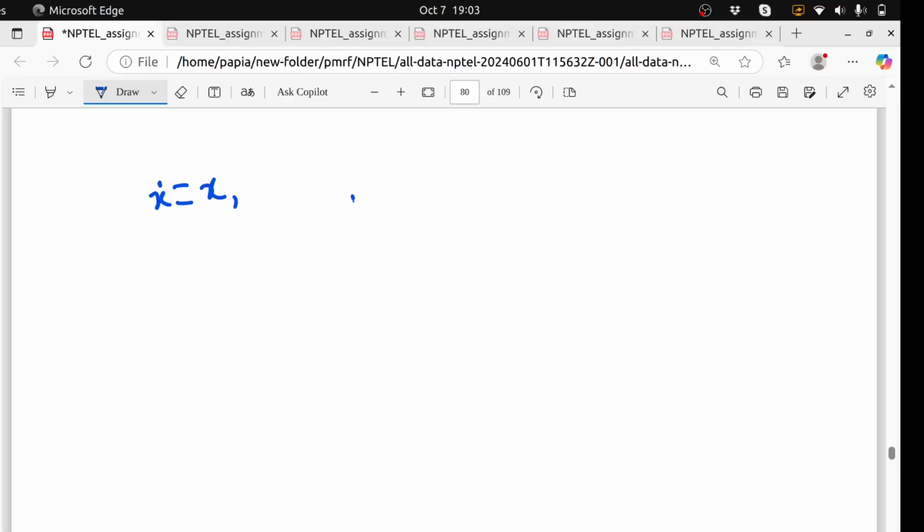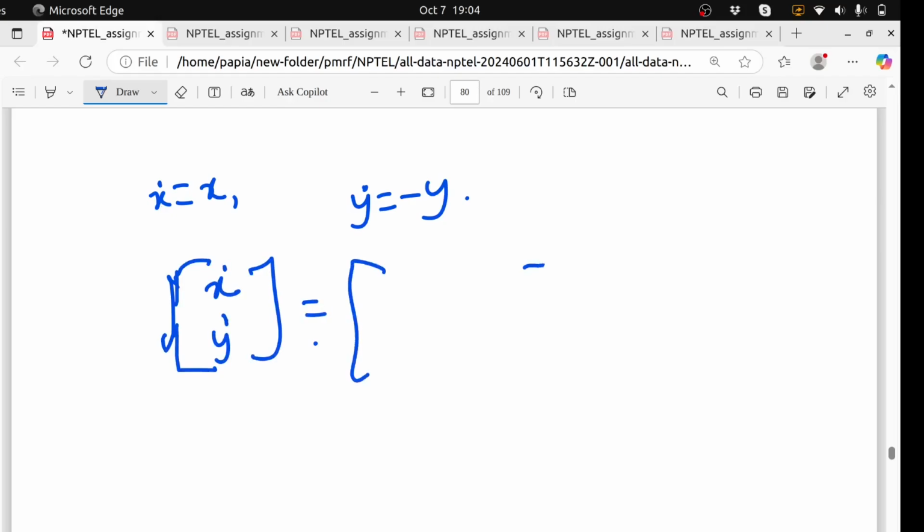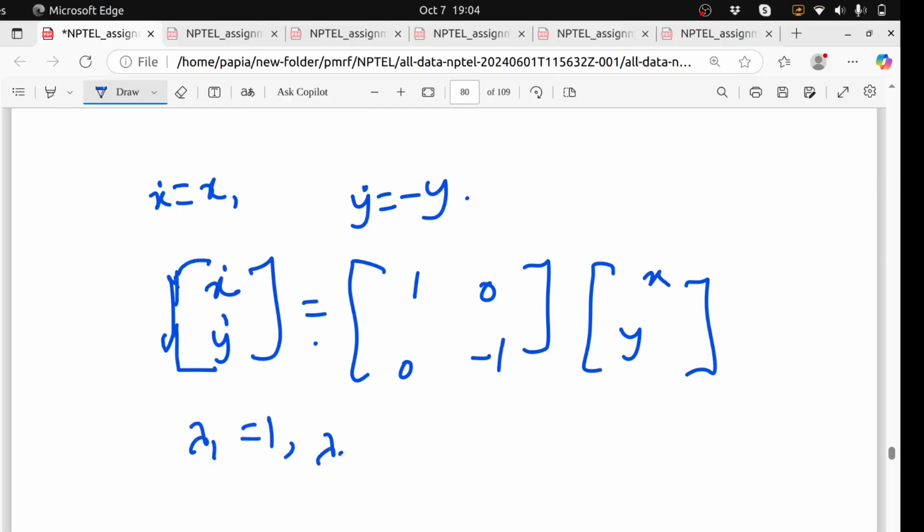So simply I can write here x dot, y dot as the matrix 1, 0, 0, minus 1 times x, y. So we can see that lambda 1 is 1, lambda 2 is minus 1.